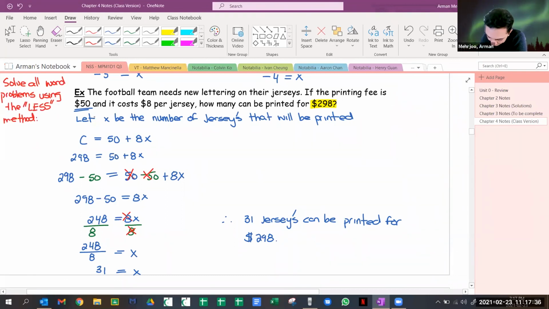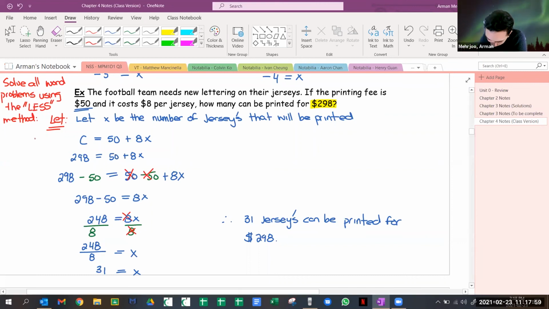Well, the L stands for a let statement. See how I identified what x is? That's what you have to do in a let statement. If you're going to be using a variable, you have to tell your audience, the person who's going to be marking your work, reading your work, using your work, what your variable is equal to.